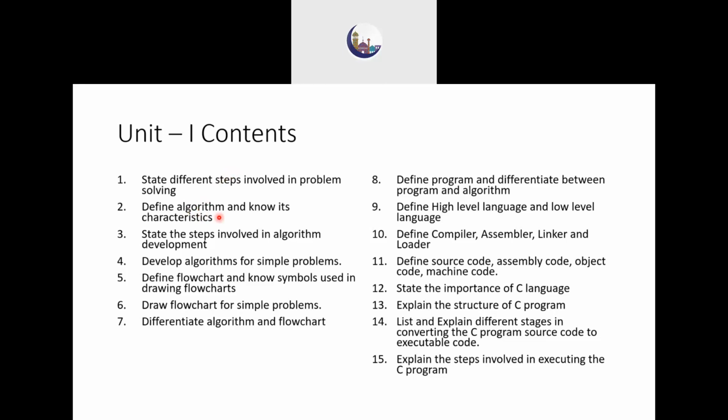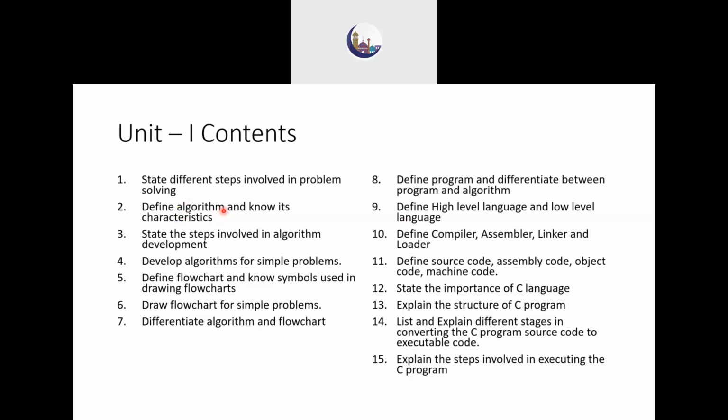And if you are trying to solve any problem, there may be multiple ways in which you can solve it. Which of the ways you have written is the best one? If you want to determine that quality, you need to get to know its characteristics. Based on the characteristics, you will get to know which algorithm is a good one and which one is not.